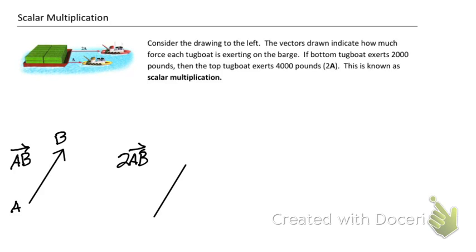I would just draw it twice as long. So same exact direction, arrow going exactly the same place, except now it's twice as long. We would have an AB, and we would have another AB.